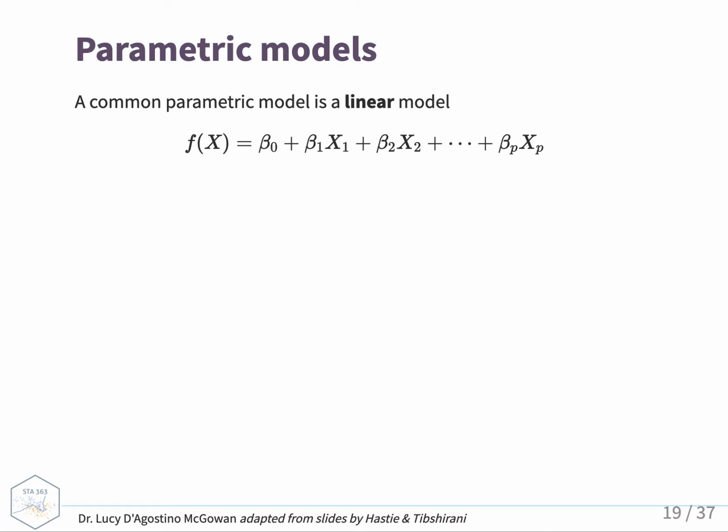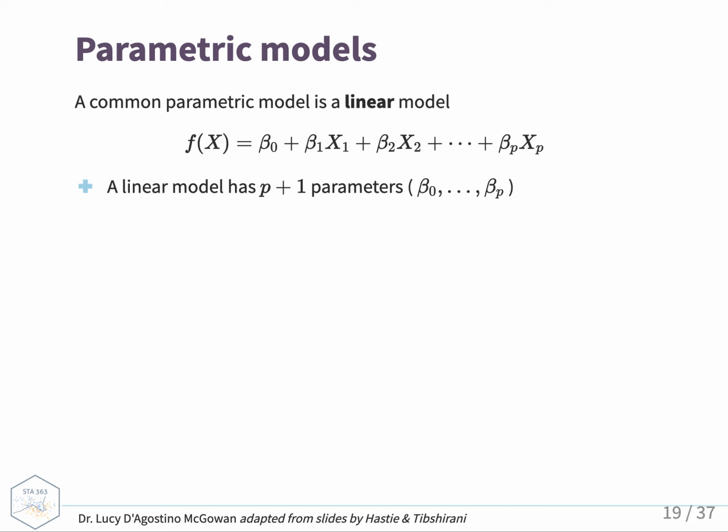So a common model, a parametric model, which is different from one of these nearest neighbor models, is a linear model. And this should look familiar from previous classes that you've taken. So here's another f of x that you could propose, where it has beta 0 plus beta 1 x1 plus beta 2 x2 all the way up to beta p xp. So you have p predictors here. A linear model has p plus 1 parameters, and that's because it has an intercept, beta 0.